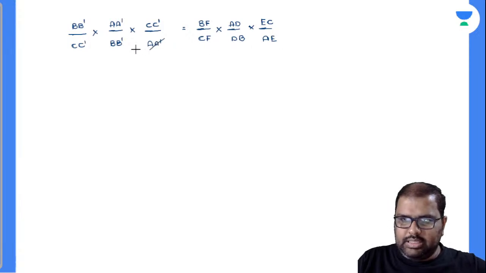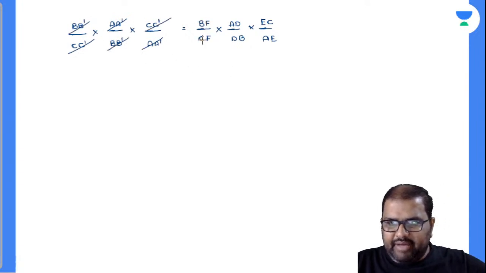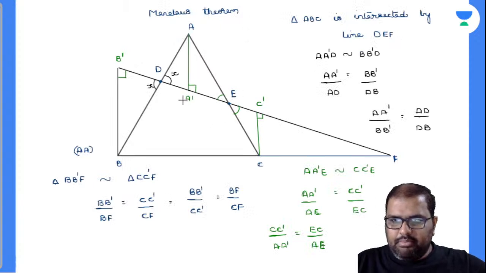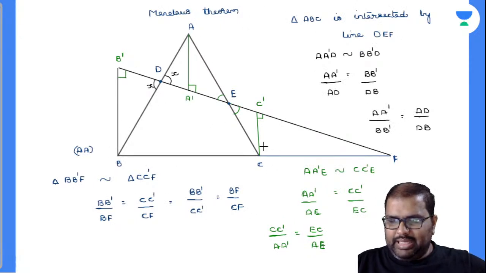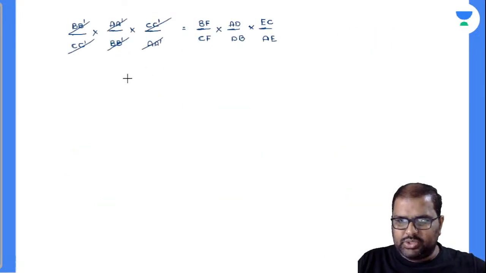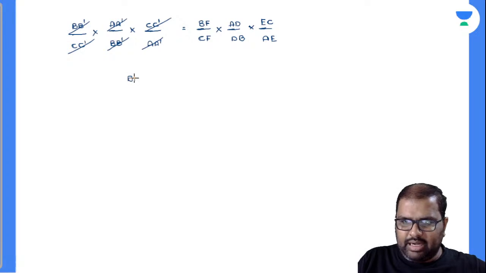Now see here, all these get cancelled off. How many of you understood this? So Menelaus's theorem: BF by CF ratio, AE by EC ratio, AD by DB ratio, all these ratios multiplied will be equal to how much here? 1. Am I right or wrong? Yes, perfectly.